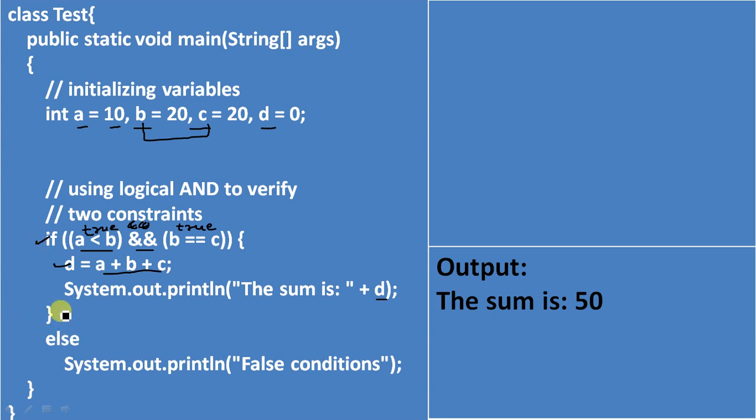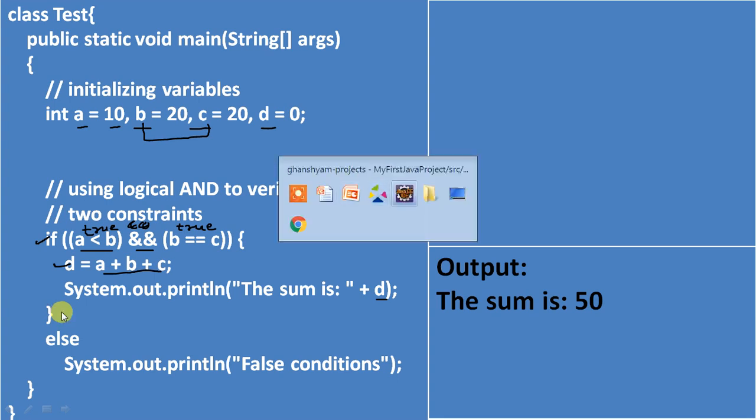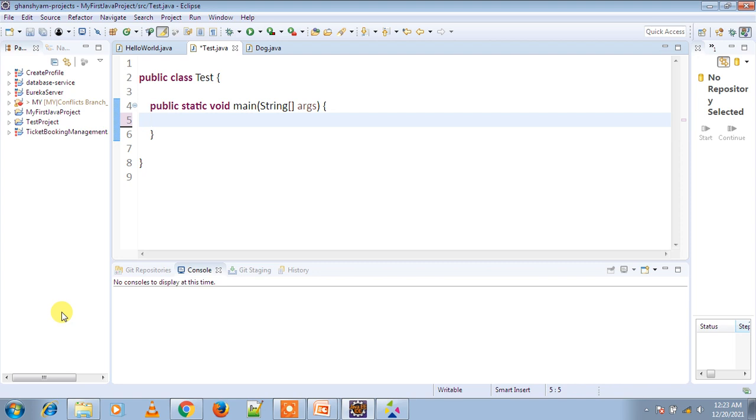So let me show you in the Eclipse IDE how this program works. This is our test class. In this we are defining four variables: int a equal to 10, b equal to 20, c equal to 20 and d equal to 0.